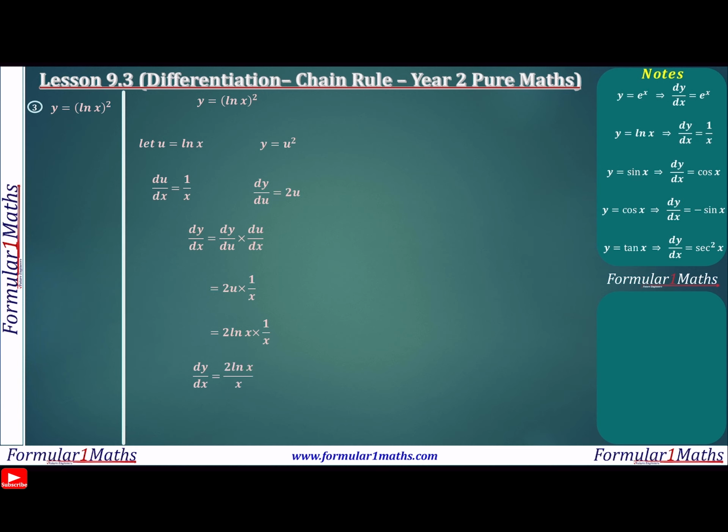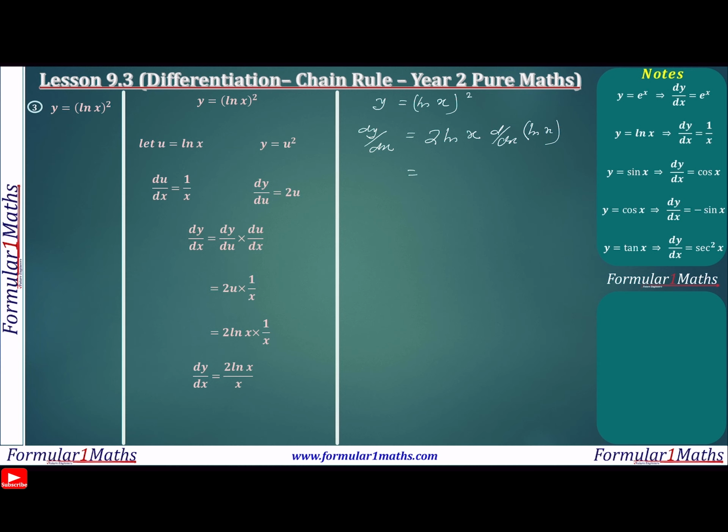And so let's do this mentally. So I have y is equal to ln x all squared. So dy dx will be equal to the 2 comes down here to multiply and reduce the power by 1. So I get 2 ln x, and then d dx of what is in the brackets, which is ln x.